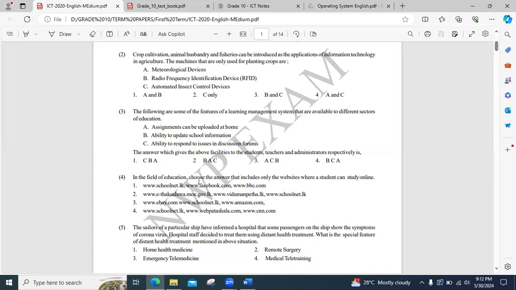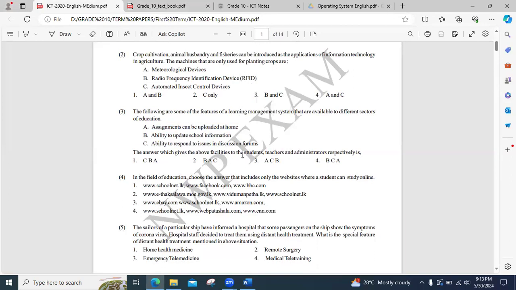So the answer which gives the above facilities to the students, teachers and administrative staff respectively is. So first is the student. A student can upload the assignment at home. So definitely the answer will start with A.